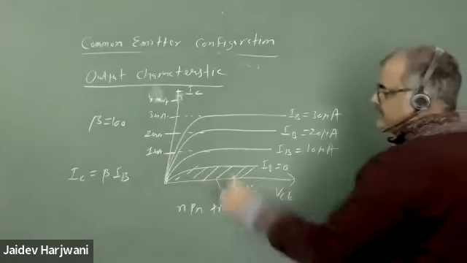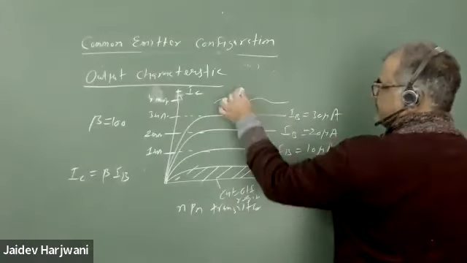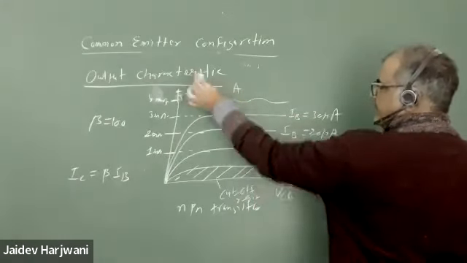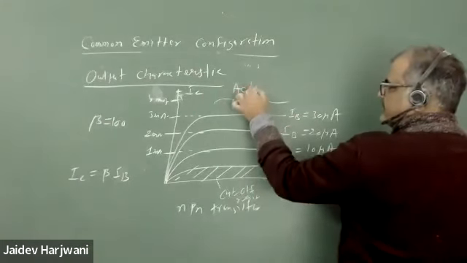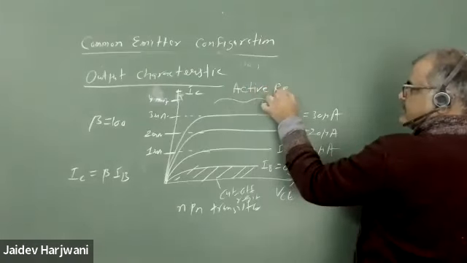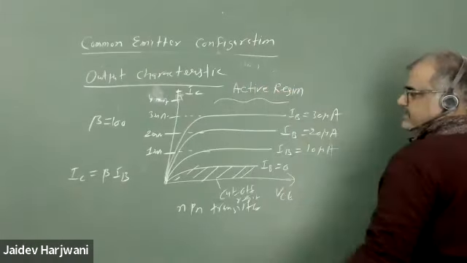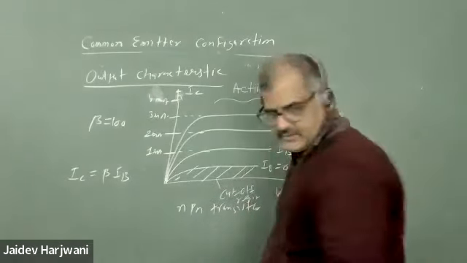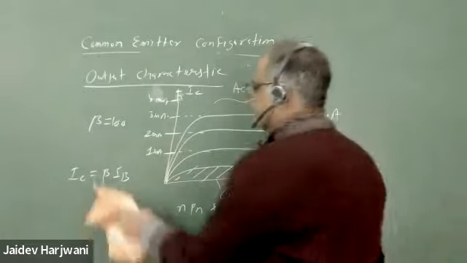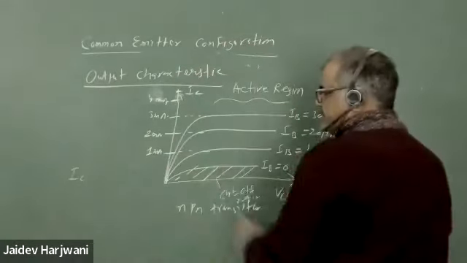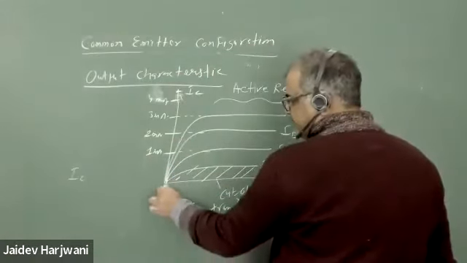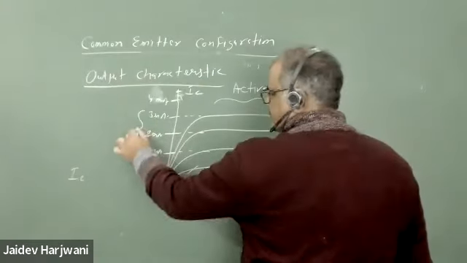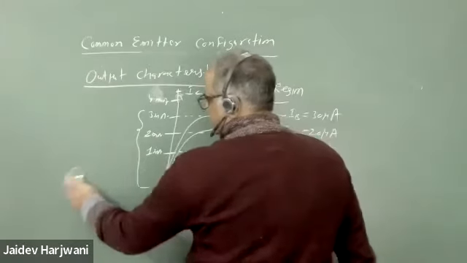This region, where you are getting an almost constant slope, high resistance region, is called your active region. This is your cutoff region, and this region, close to VCE is 0, is called your saturation region.